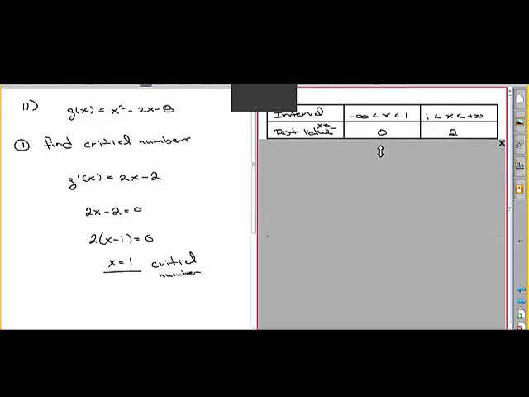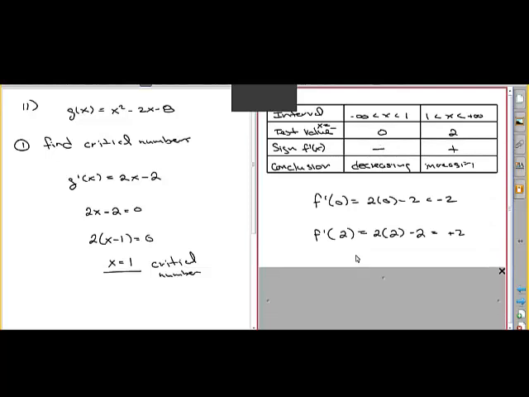And then we evaluate the derivative at those values of x. So here's the function. I called it f, I should have called it g. You plug 0 in to get the derivative, and you get 2 times 0 minus 2, which is negative 2, which is negative, so we put a negative sign in there.